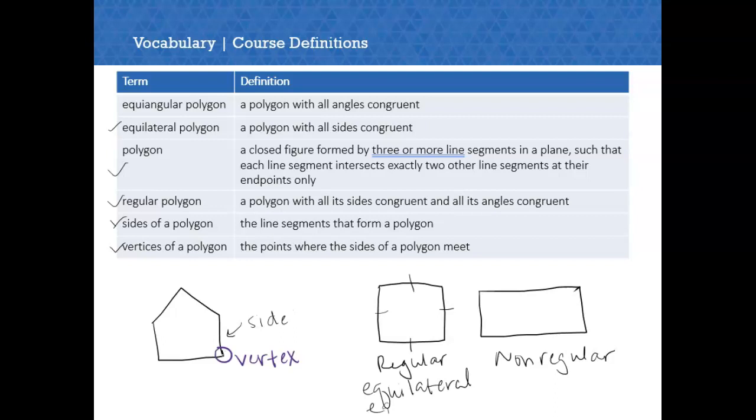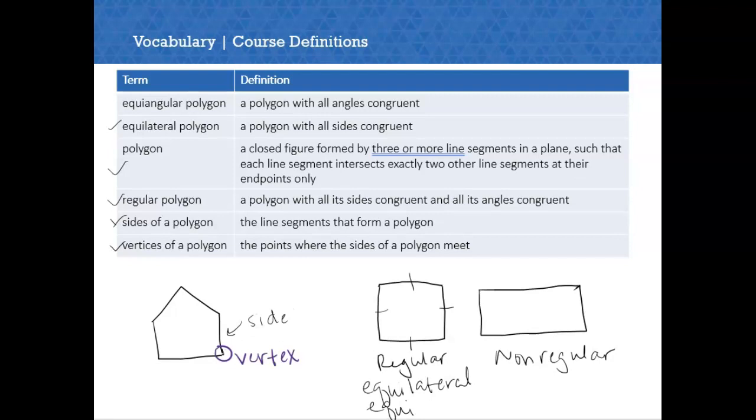So this is equiangular as well, which is harder to spell than I thought it would be. This is also equiangular because the angles are the same. So those are equiangular and equilateral. Equilateral is talking about the sides. Equiangular is talking about the angles.